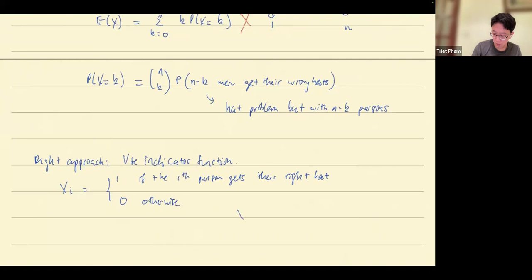Later on, we're just going to write down as a shorthand, let xi be the indicator that the ith person gets the right hat.